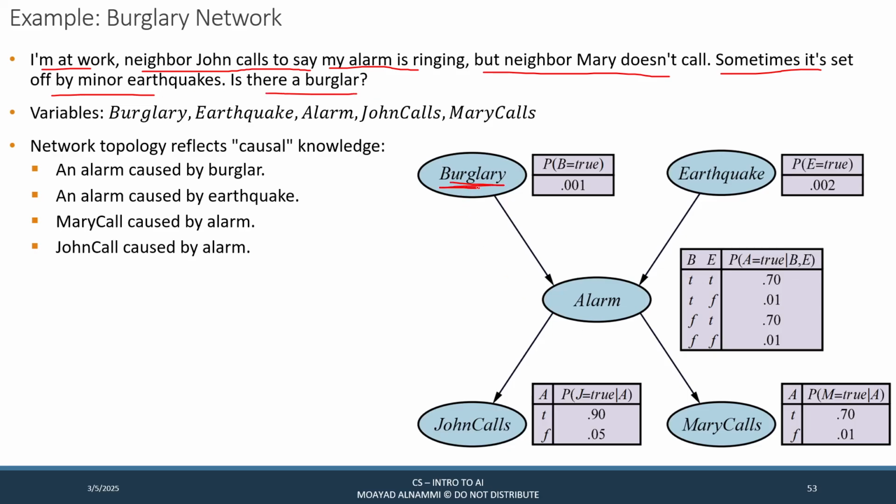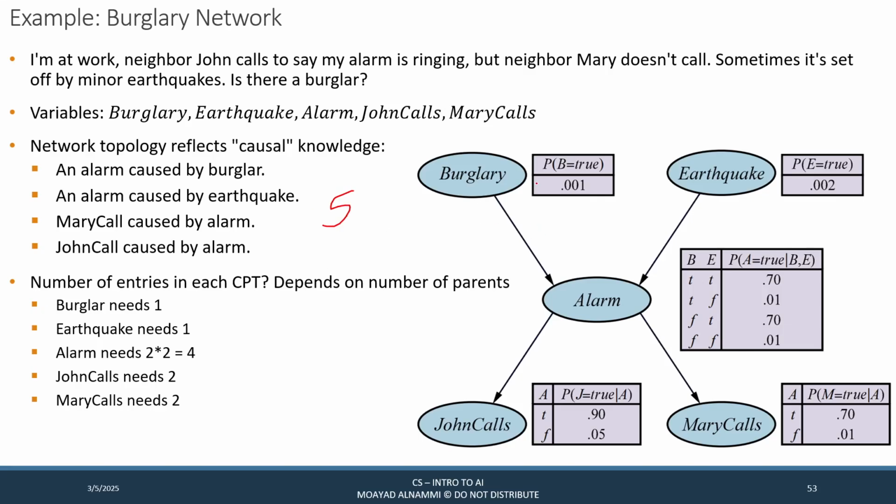So you'd like to know the probability of a burglar given some other evidence that occurred. And the alarm here is the alarm of your house, right? And so your alarm is influenced by an earthquake, which may cause it, or it's influenced by a burglary, which may have happened. And if an alarm goes off, you can have that Mary calls you versus another neighbor John that calls you. Right? So this is a Bayesian network and it shows the 5 variables and how the 5 variables are related.